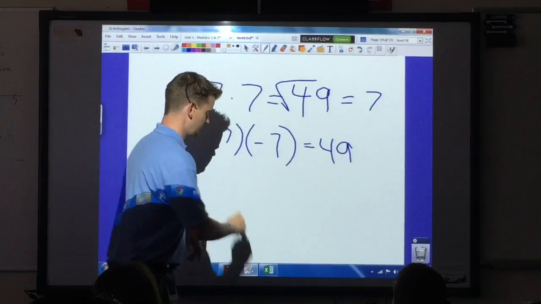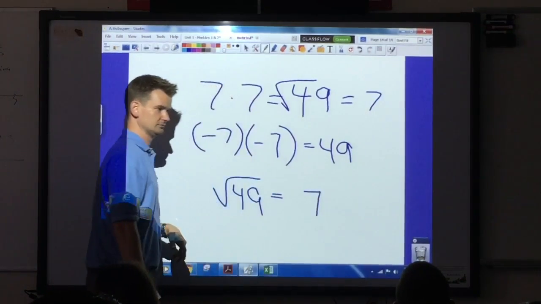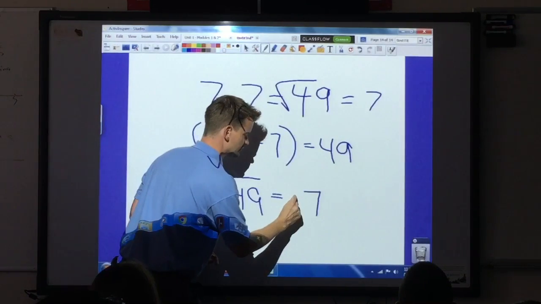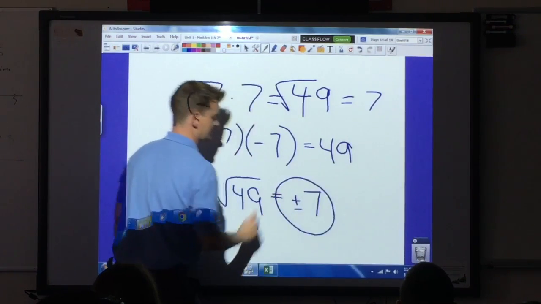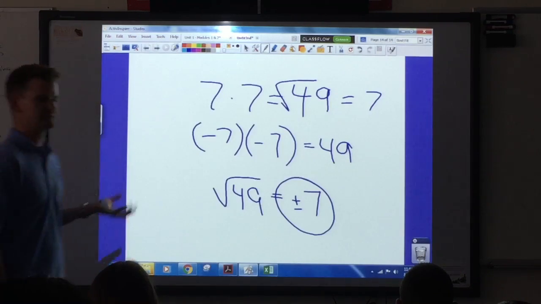So in reality, if I take the square root of 49, it's not just equal to 7. It's not just positive 7, it's also negative 7. We write it with this little symbol right here, positive over negative. We're going to write it on the other page in a second. So the square root of 49 is not just positive 7, it's negative 7.